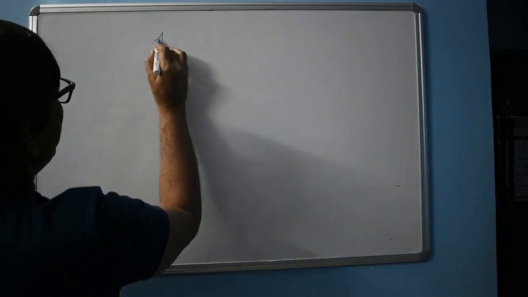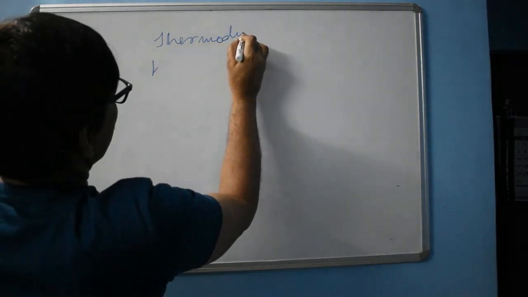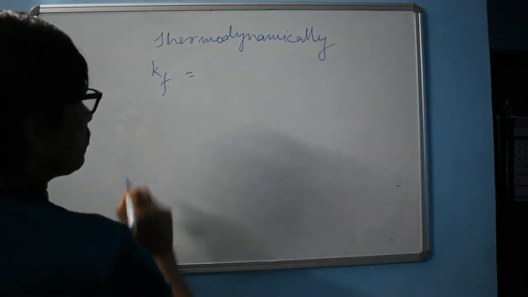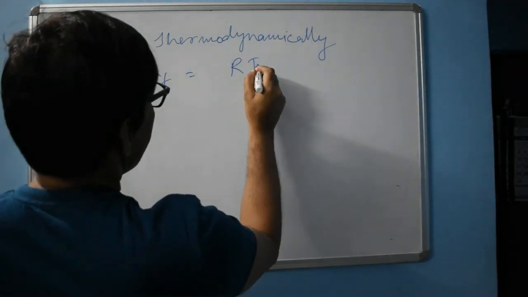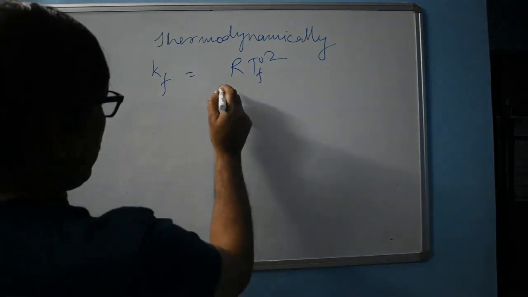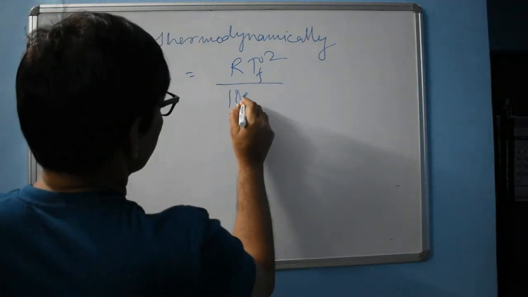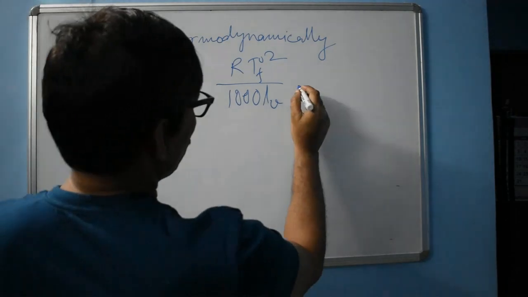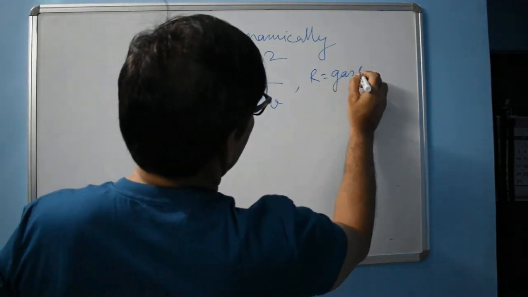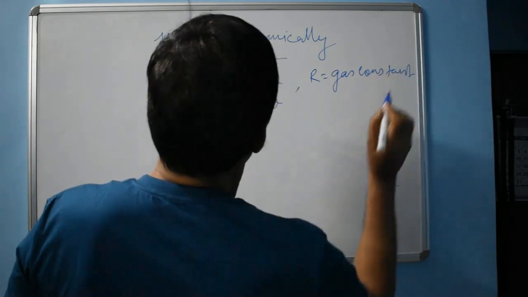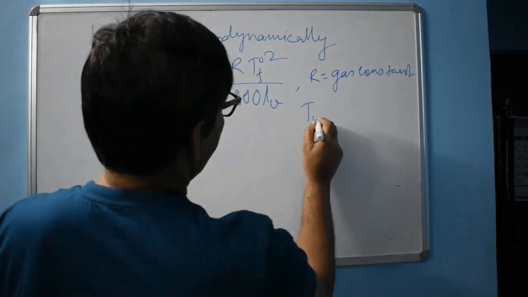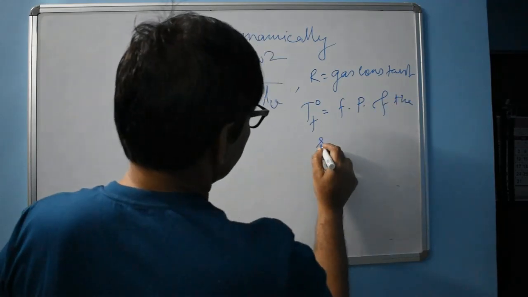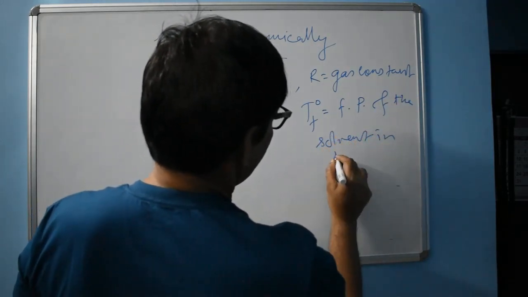This Kf thermodynamically is equal to R Tf naught square divided by 1000 Lv, where R is the gas constant, Tf naught is the freezing point of the solvent in Kelvin, keep it in mind.